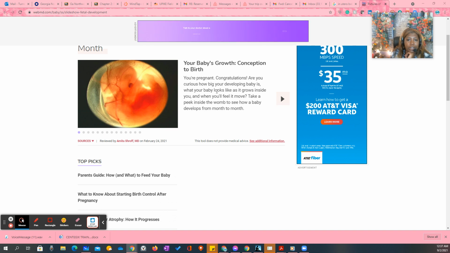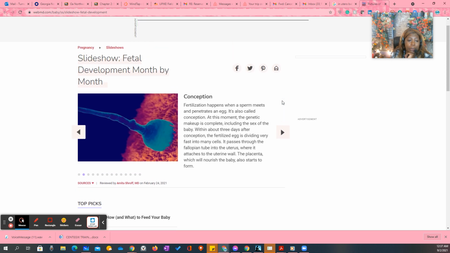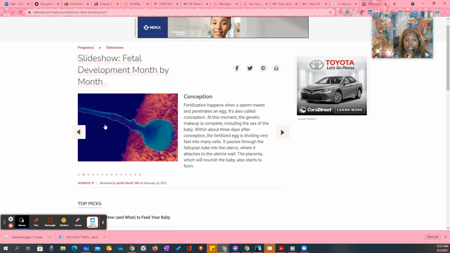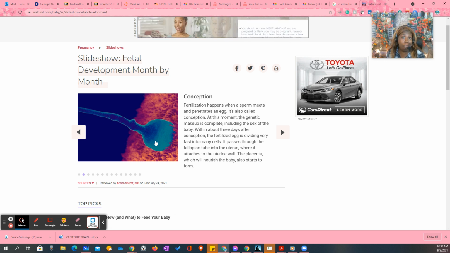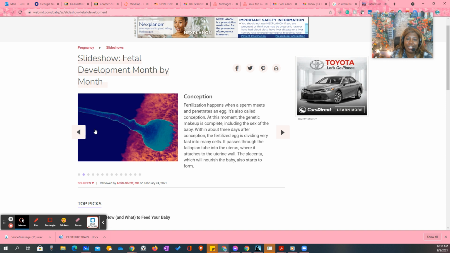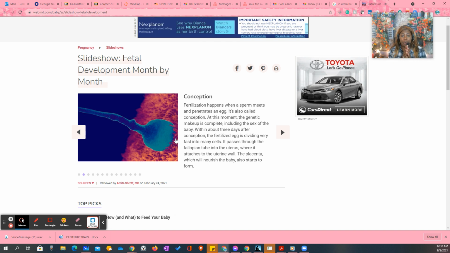So you're pregnant. Congratulations. Let's take a look inside the womb. Okay, so that's the conception. Remember that sperm? I think it looks just like the one that I drew, right? Maybe not. Fertilization happens when the sperm meets the egg. It passes through the fallopian tubes into the uterus where it attaches to the uterine wall, and the placenta will then begin to nourish the baby.